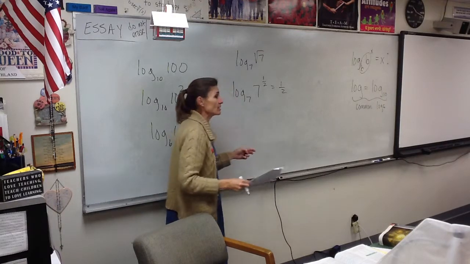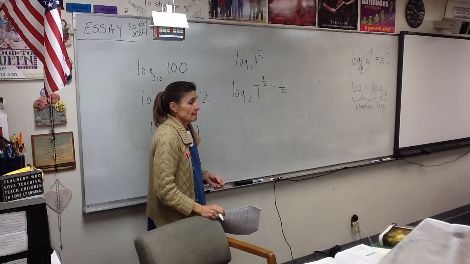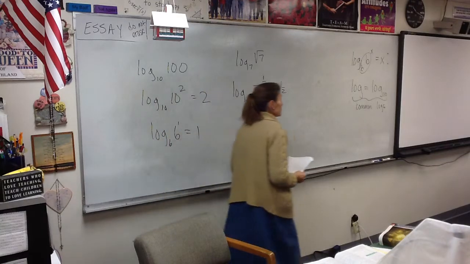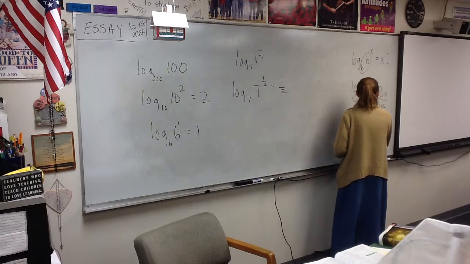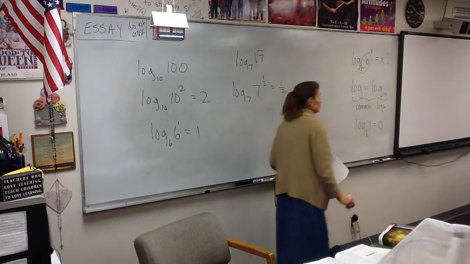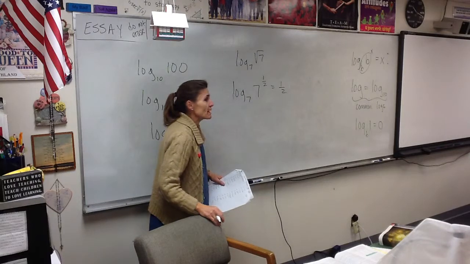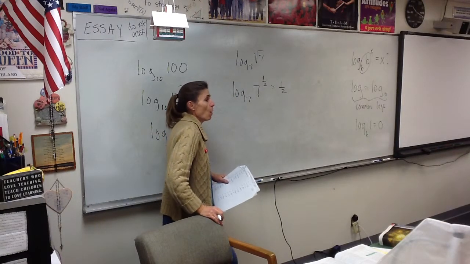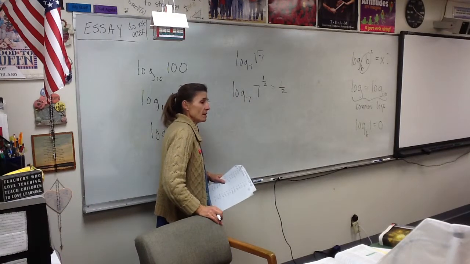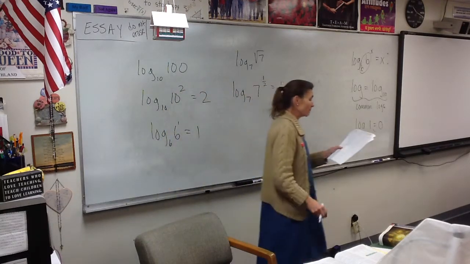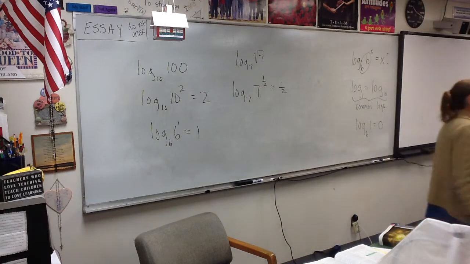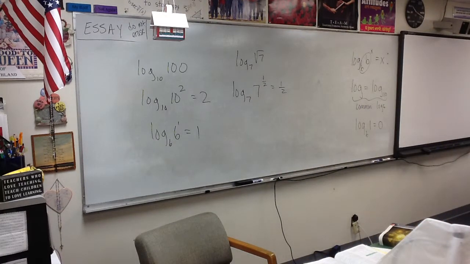Okay, all right, so now we got to talk about something new. I'm going to add another property to your list. The log base b of 1 is always 0. When you take the logarithm of 1, I don't care what the base is, you're going to get 0. So when I look at problem number 8, it says the log base 4 of 1. The log base 4 of 1 is 0.